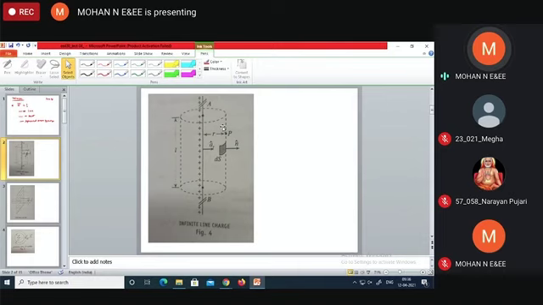So what is the discussion we have made here? There are three surfaces. One is the top surface, one is the bottom surface, and the other is the curved surface.